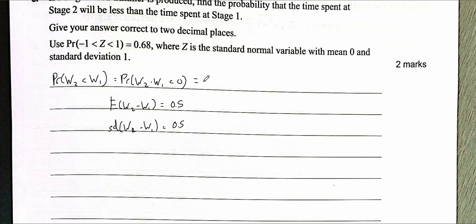So this is equal to the probability that z is less than (0 minus 0.5) over 0.5, the probability that z is less than -1, which is equal to 1 minus 0.68, as given in the question, over 2, which is 0.16.